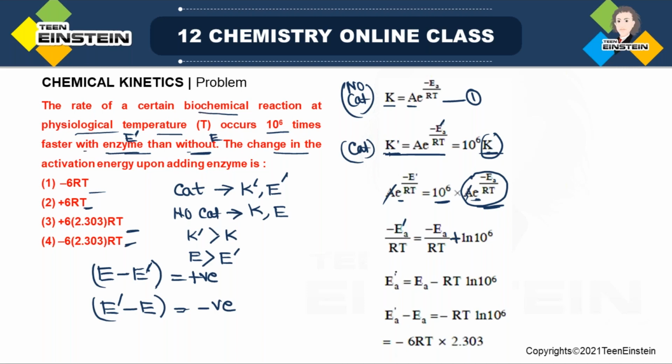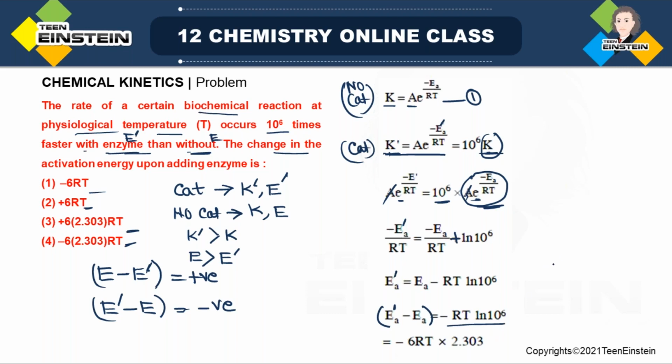Ultimately E prime minus E is equal to minus RT ln 10 to the power 6.